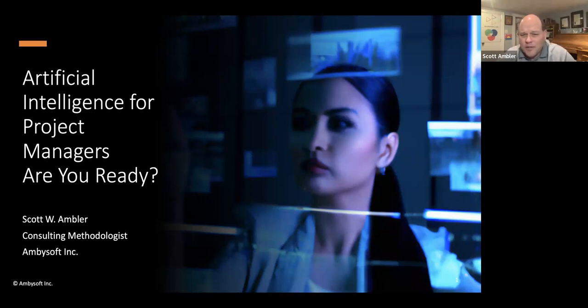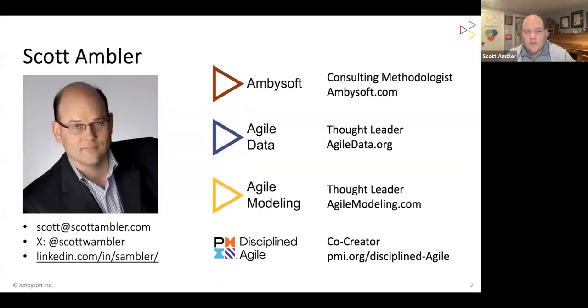So, as you heard, I'd like to do a brief walkthrough of AI for project managers, and particularly how this AI stuff works from the point of view of leading an AI initiative. My name is Scott Ambler. I was a vice president at PMI for a little over 3 years. I'm also one of the co-creators of the Disciplined Agile Toolkit offered by PMI.